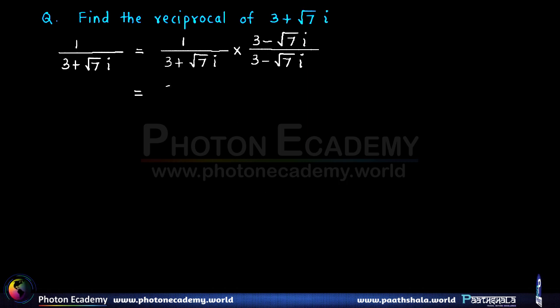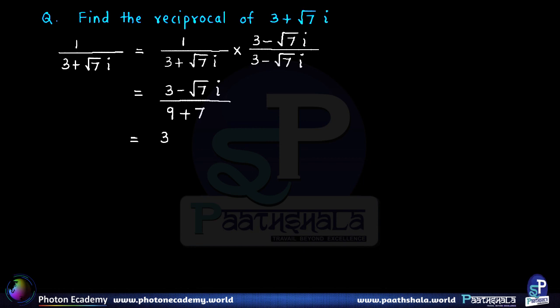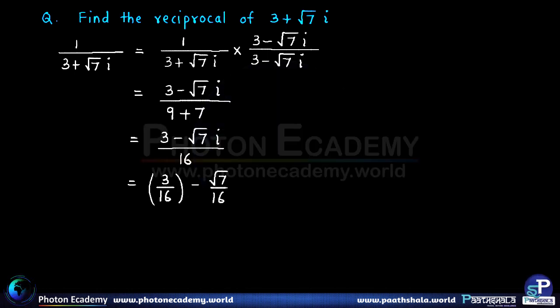So in the numerator we have 3 minus root 7 times i, and in the denominator we have 3 square, which is 9, plus root 7 square, which is 7. So we have 3 minus root 7i upon 16. Separating real and imaginary parts, we have 3 by 16 minus root 7 by 16 times i. That is the answer to this question.